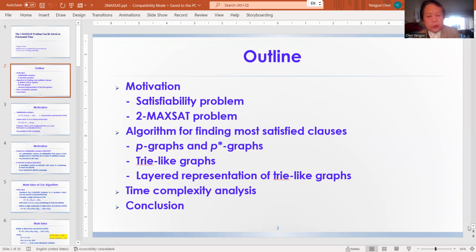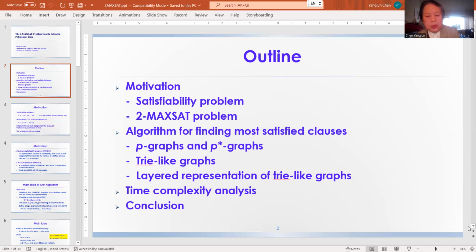For this, the following concepts and techniques will be discussed in greater detail, such as p-graphs, p-star graphs, and tree-like graphs. Then we search the tree-like graphs to generate a layered representation.